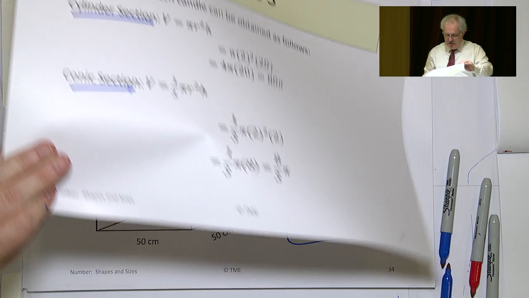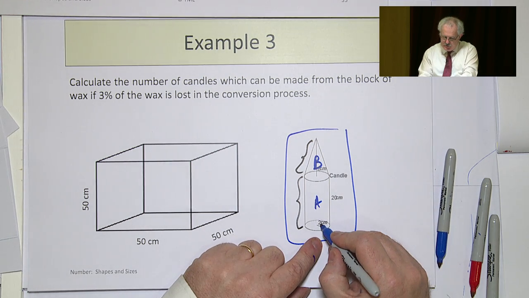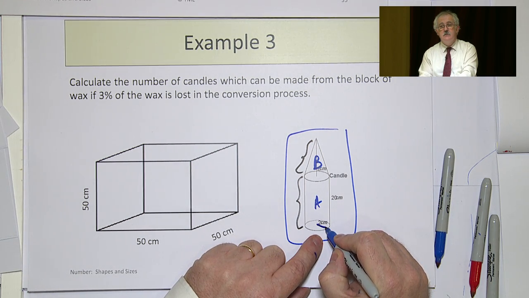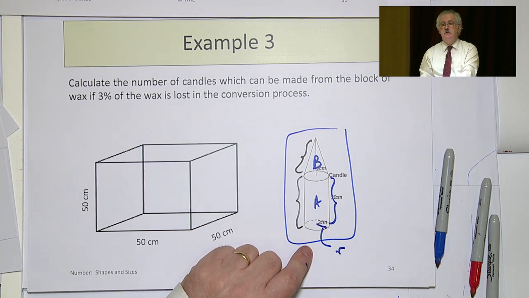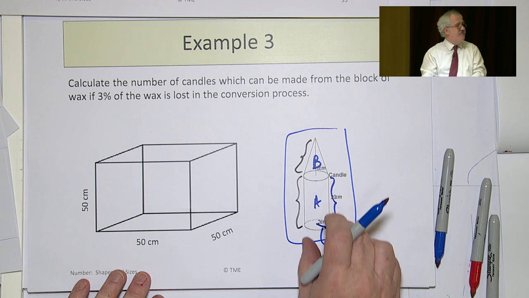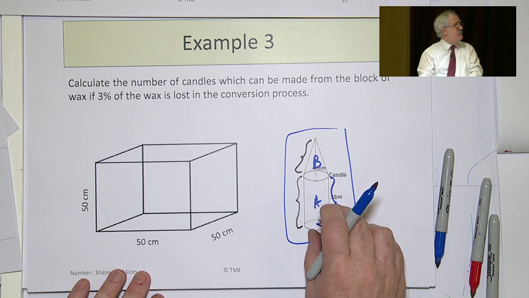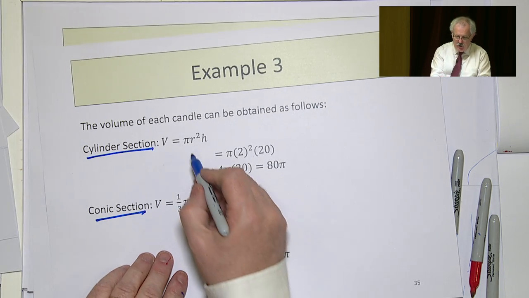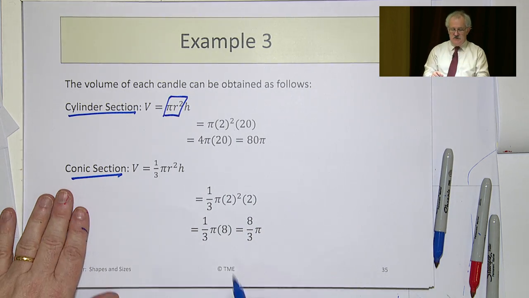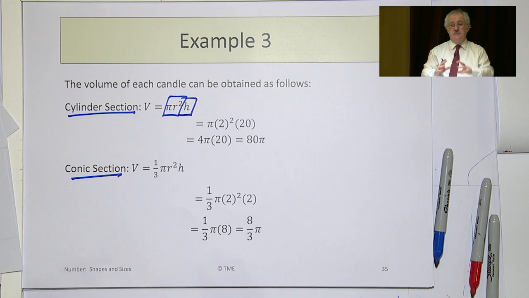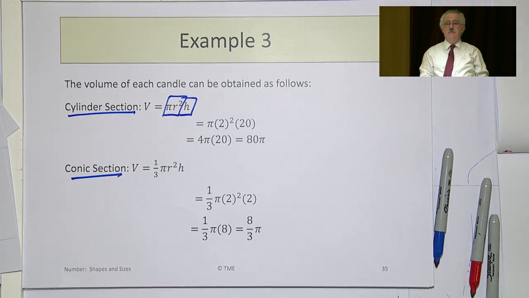What do we know about the cylinder? We were told that it was 2 centimeters for the radius, and we were told that the height was 20. Have we got a formula for the cylinder? Yeah. It's pi r squared for the area part of the circle by the height to give us the volume part. Is that okay?